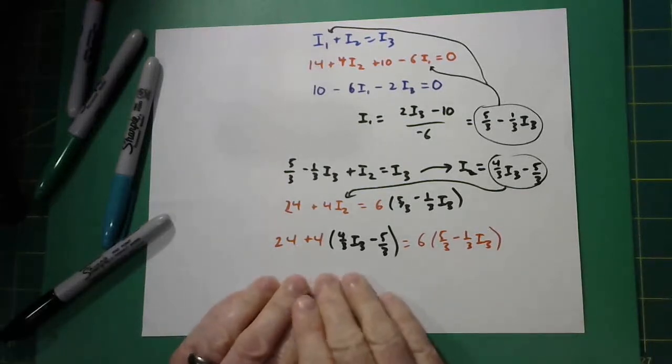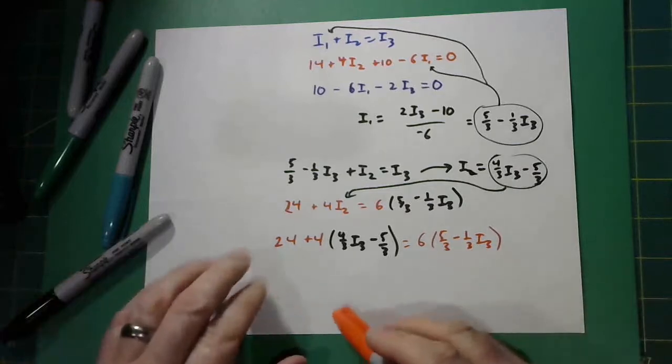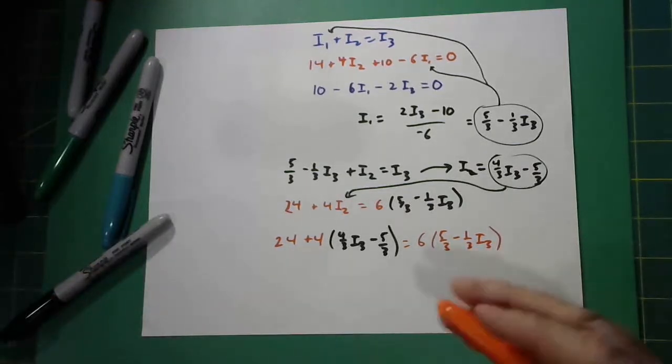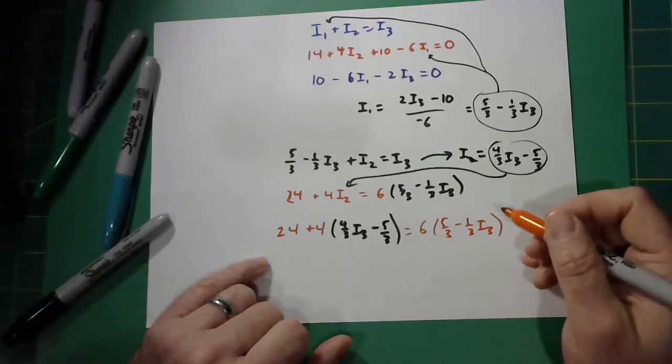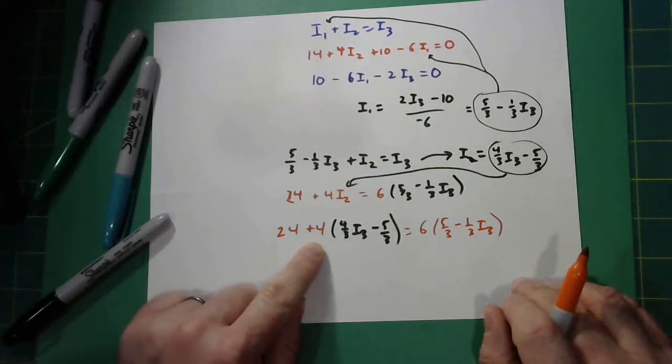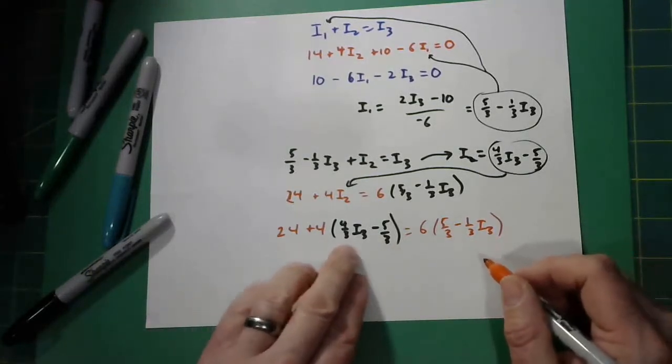Now I just have one unknown, I3. It appears in two spots. I'm going to distribute, group my like terms, rearrange, and solve for I3. Annoying math, but let's handle this part.